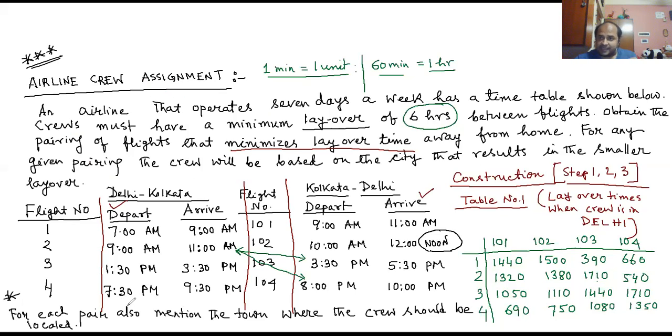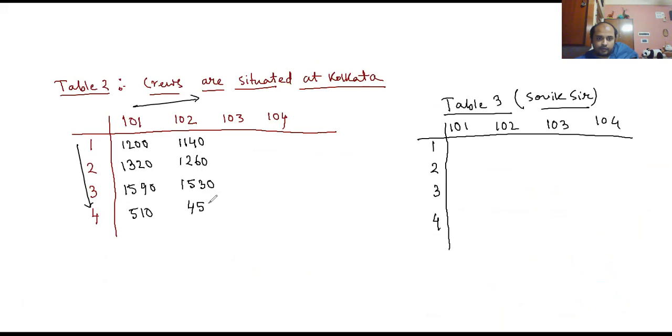If it is less than 6 hours, go to the next day. 450. Okay. That means the same day. Okay. Now you connect.